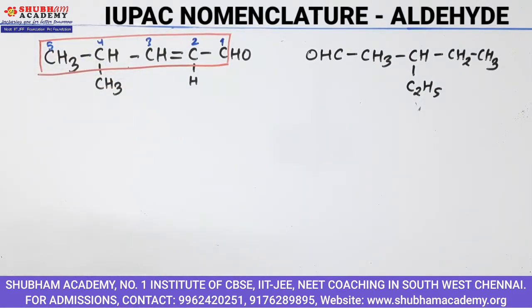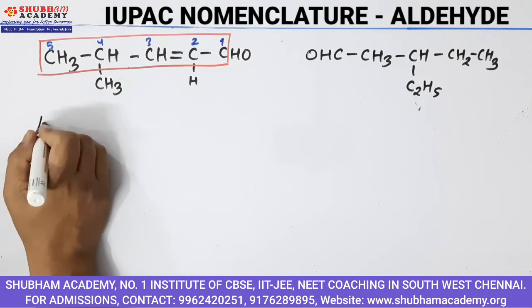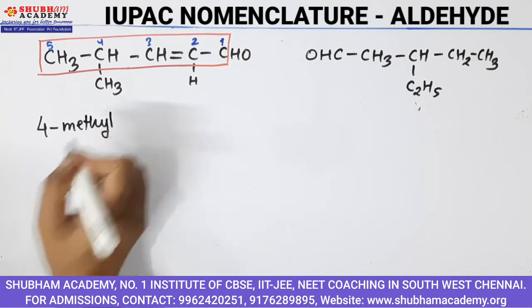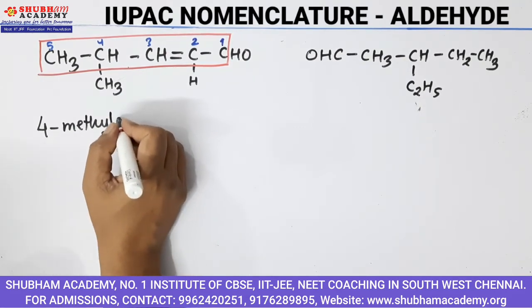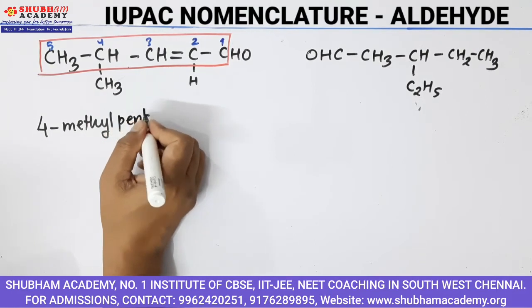So you have one methyl group at 4th position and one multiple bond which is beginning at 2nd position, right? So the name becomes 4 methyl, then 5 carbon atom in the parent chain, pent.